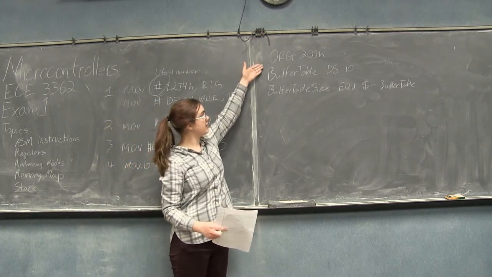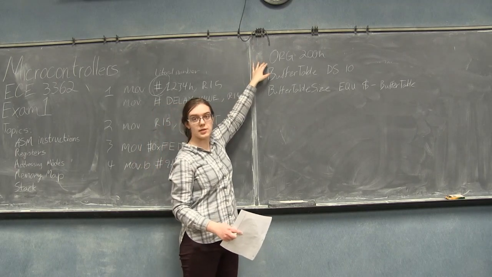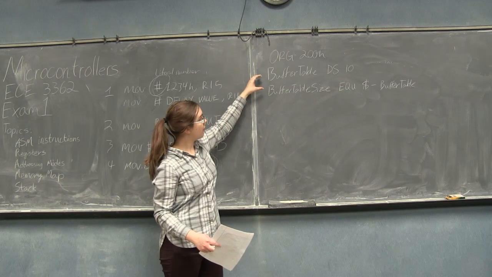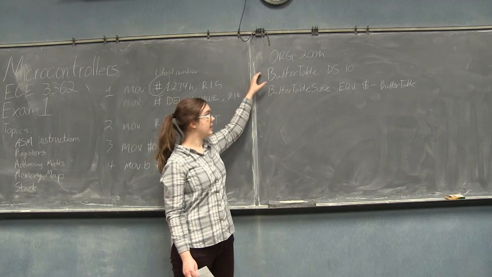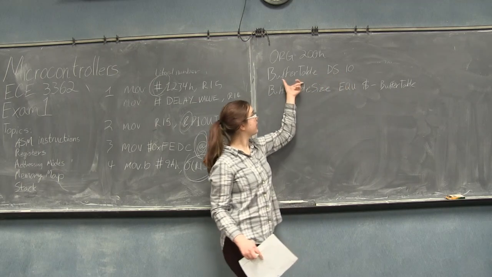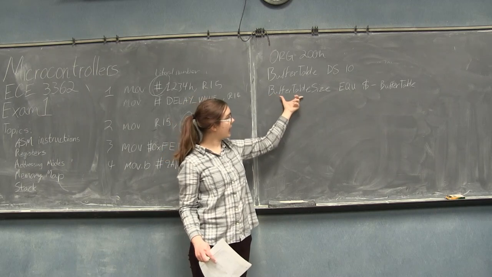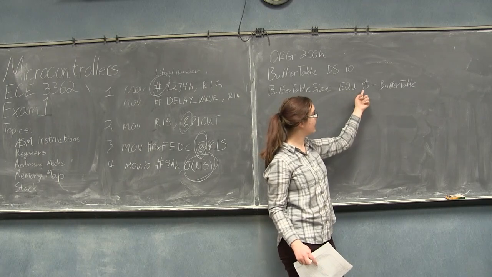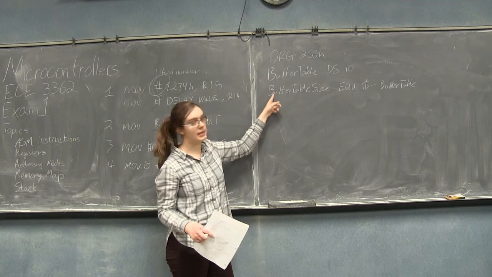Where you're defining your variables, now ORG 200, I'll get to the memory map in a second, but that is the start of your RAM. So this is where you want to store your variables. This line, buffer table DS 10, sets aside a space, 10 bytes, for a variable called buffer table. Buffer table size then equals the number of its location minus buffer table. So that means that buffer table size is equal to 10.